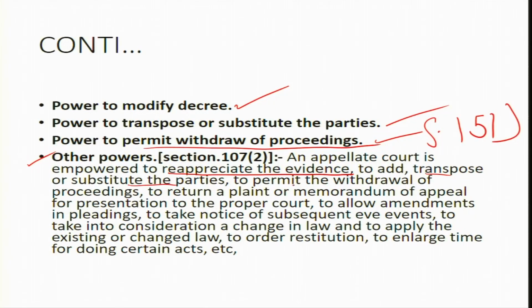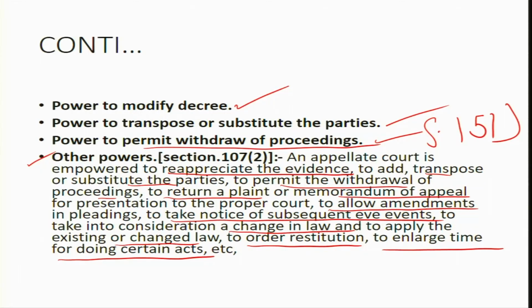Second, transpose or substitute the parties, permit the withdrawal of proceeding, return a plaint or memorandum of appeal for presentation to the proper court, allow amendments, take notice of subsequent events, take into consideration the changed position of law, apply the existing or changed law, order substitution, enlarge time for doing certain acts, etc. This list again is not exhaustive.